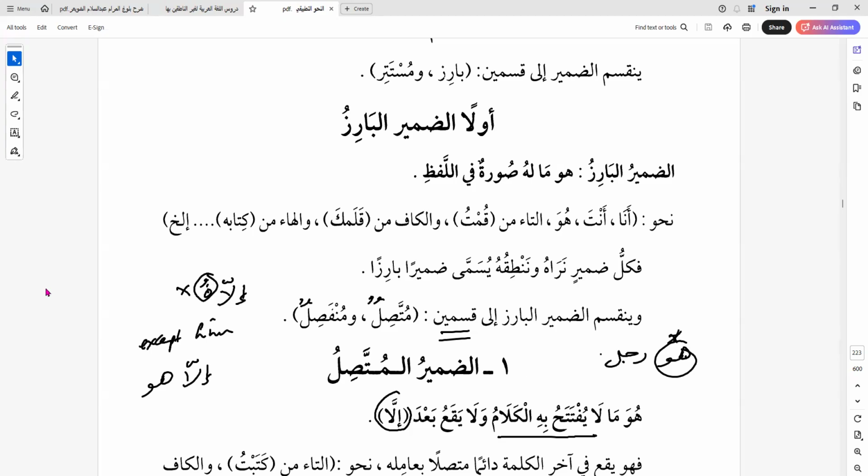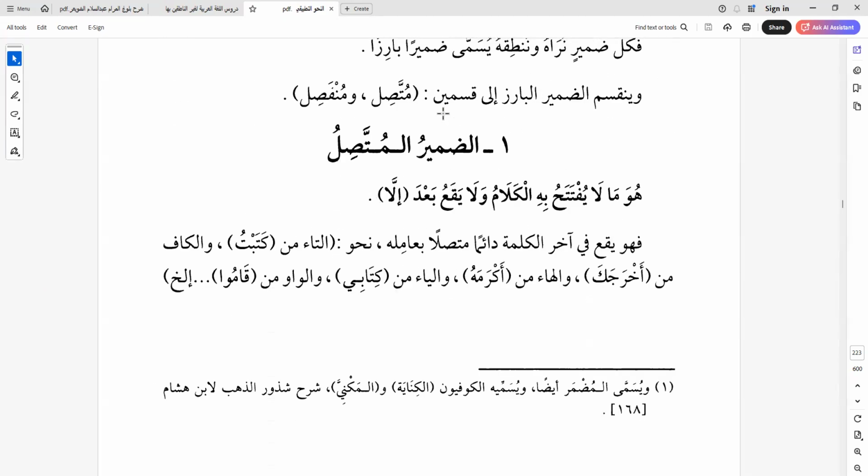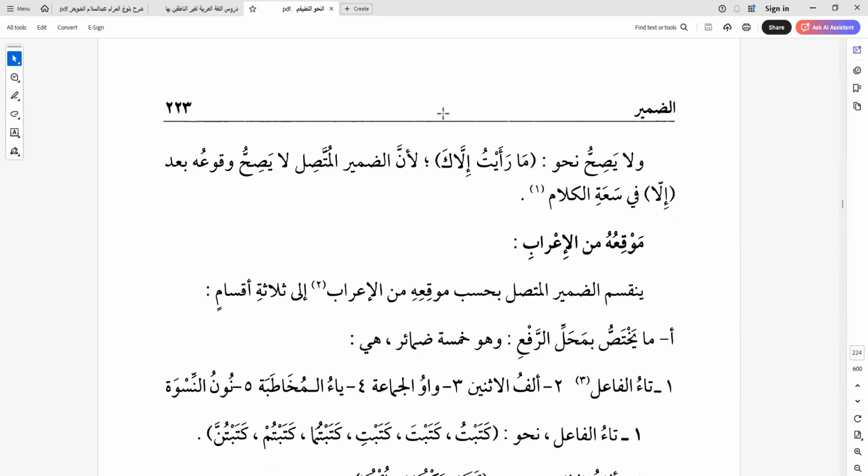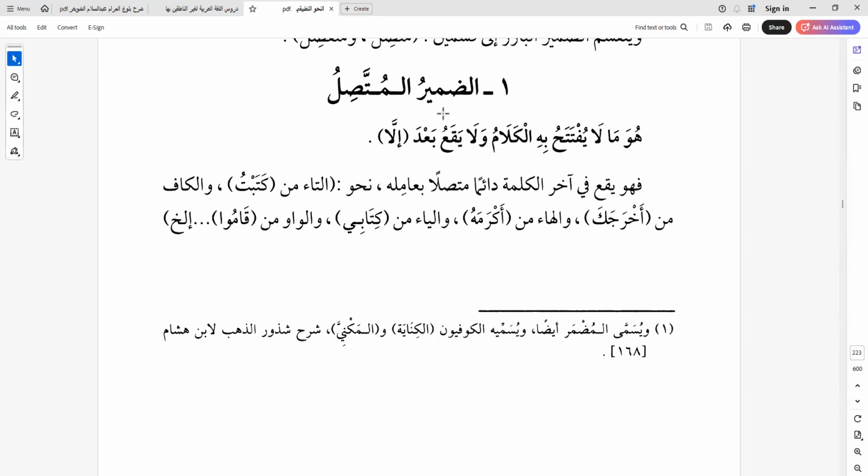Now, so therefore, what are we talking about? The writer is saying فهو يقع في آخر الكلمة. Very, very important. فهو يقع في آخر الكلمة دائما.